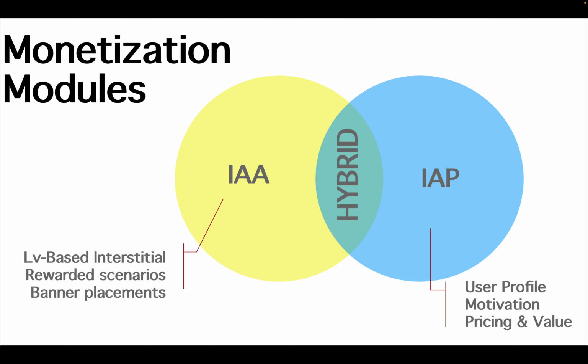And last but not least, you should be the one creating pricing and value. You should be showing: here is the pricing, but it's so valuable for you, better than this, etc. You should be telling that without speaking to your audience, which is the most challenging side of in-app purchases.